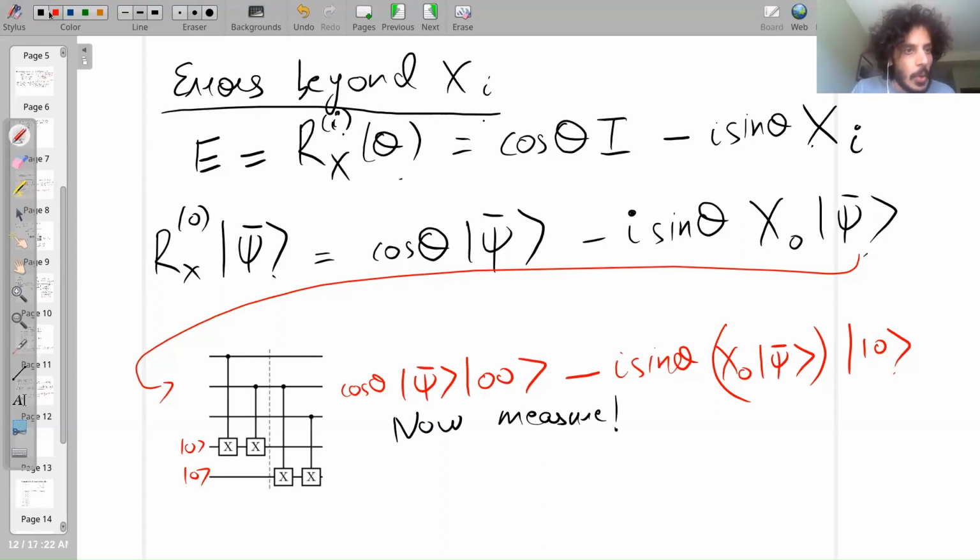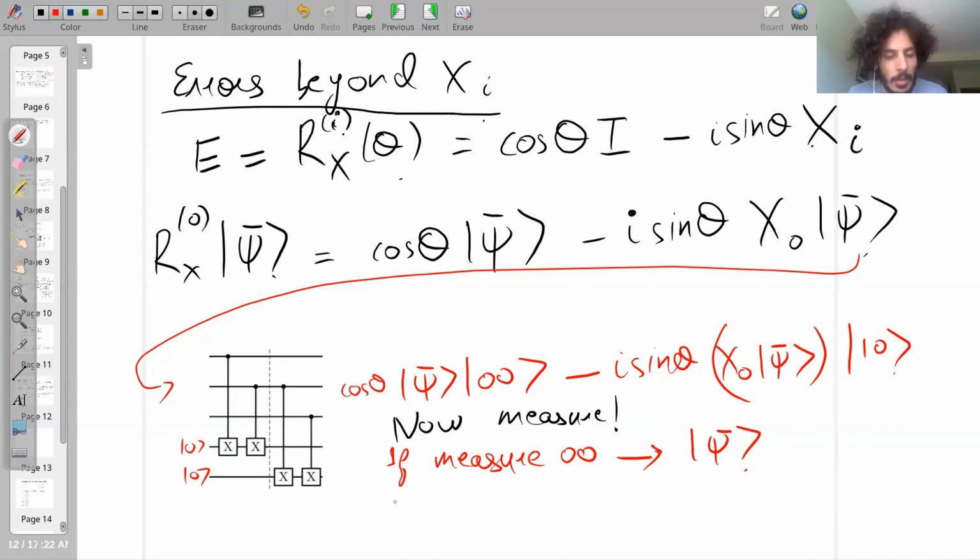If we measure 0, 0, then my first 3 qubits will be left in the state psi bar. And if we measure 1, 0, then my first 3 qubits will be left in this state.